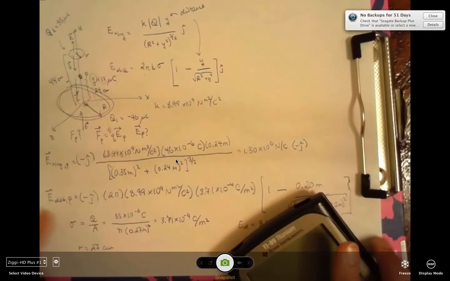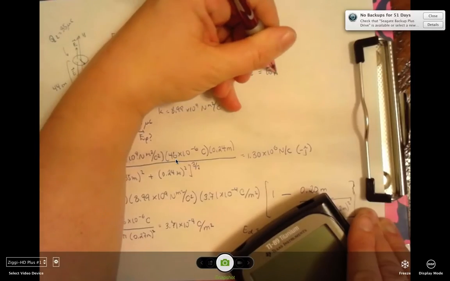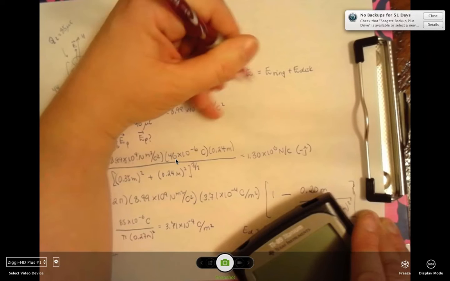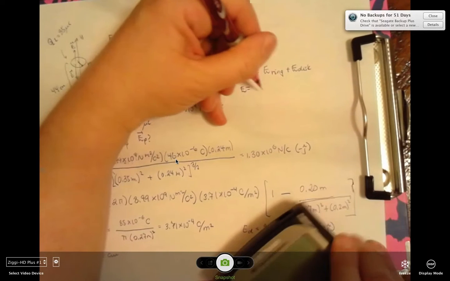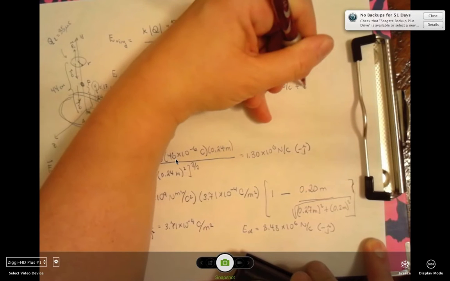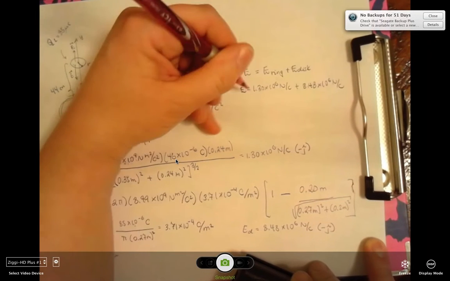My total E field is going to be E for the ring plus E for the disk. So E is going to be 1.30 times 10 to the 6th newtons per coulomb plus 8.48 times 10 to the 6th newtons per coulomb.